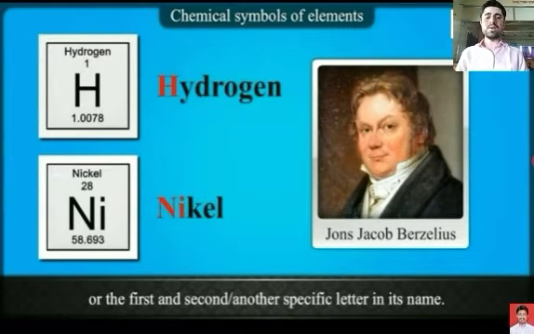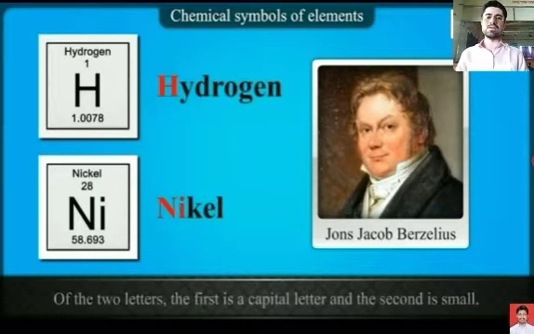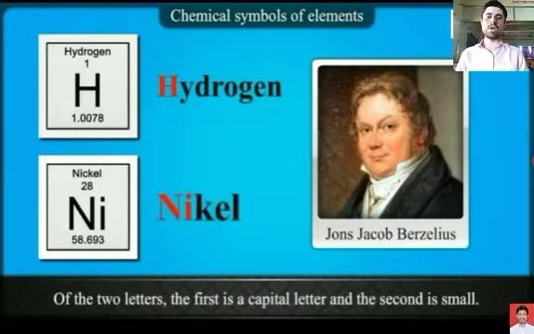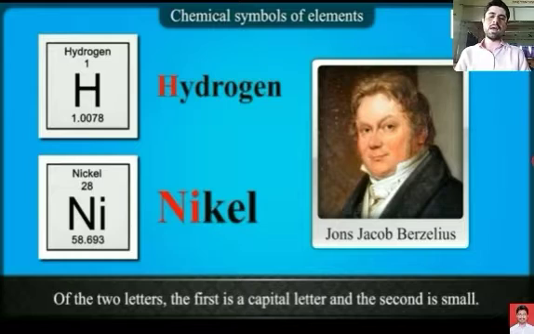For example, the symbol of hydrogen is denoted by its first letter H, and the symbol of nickel is denoted by two letters, that is capital N and small i. In nickel, the first letter is capital and the second letter is small.